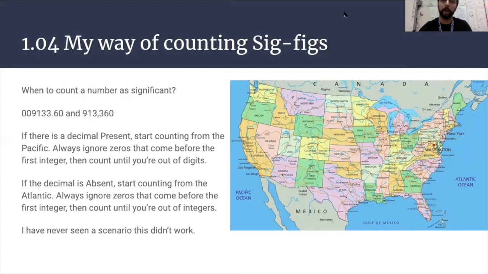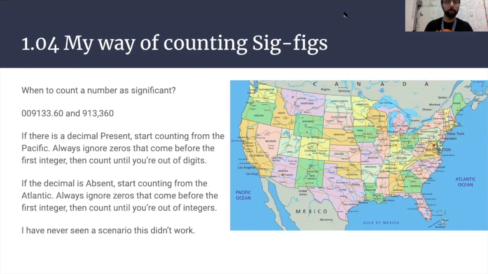So when do you count a number as significant? When you're counting all of those little digits in there. So this has one of those little mental mnemonic kind of things. If there is a decimal present, you start counting from the Pacific. So you'll start counting from the left if there is a decimal, because the Pacific is on the left of the United States. That's why I gave you the little map.